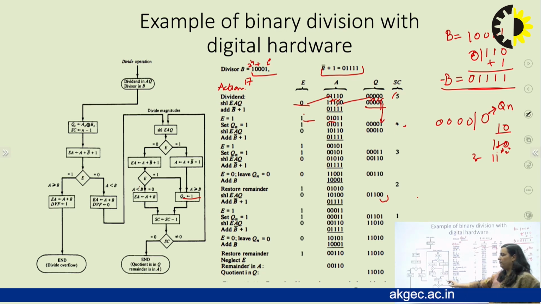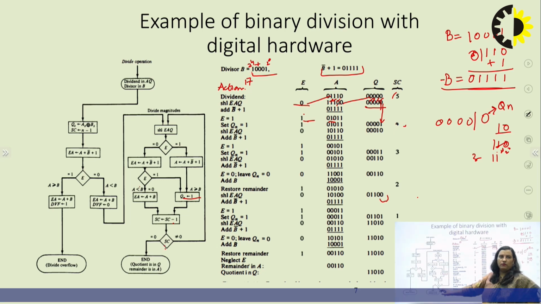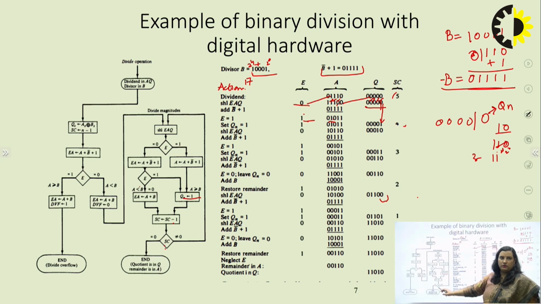And after that we have to decrement the value of the sequential counter. So the sequential counter goes from 5 to 4. Previously it was 5, now it is decremented to 4. After that we check whether the value of the sequential counter is 0 or not. It is not 0, so we have to go again to here. Now again we have to perform the shift left operation.